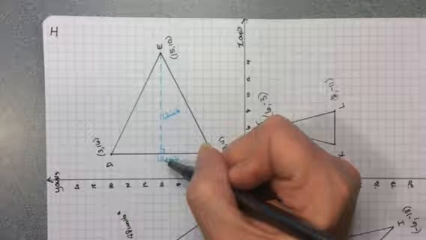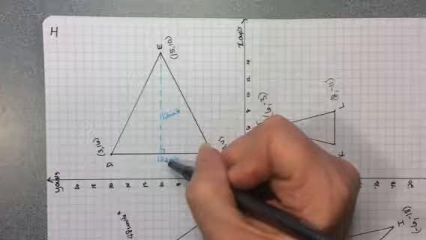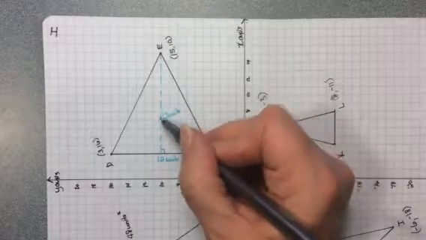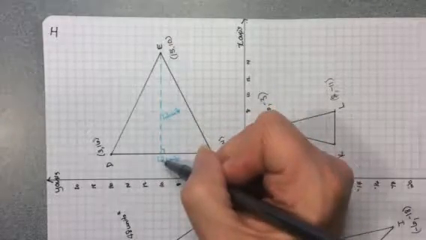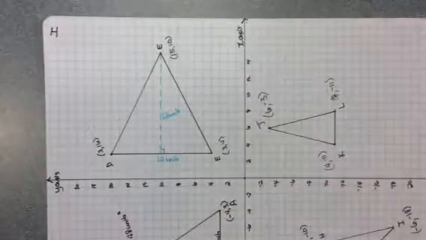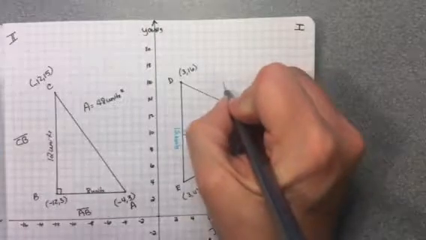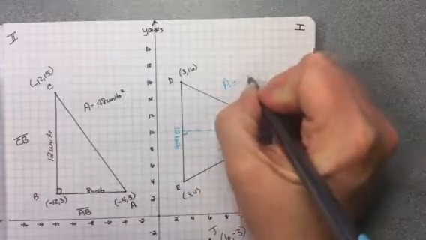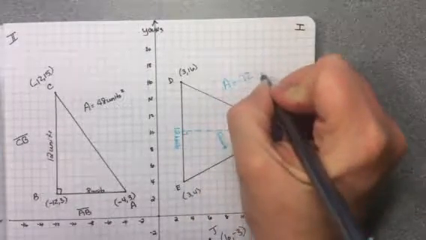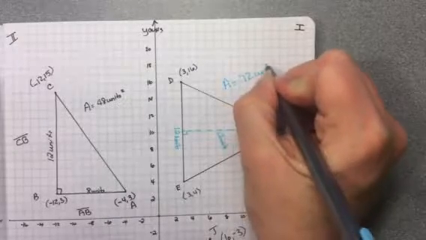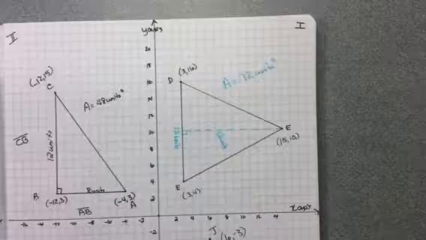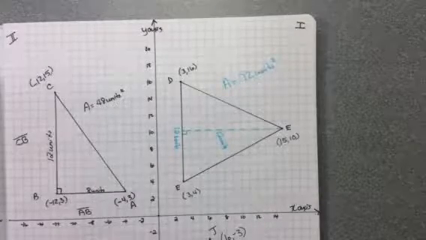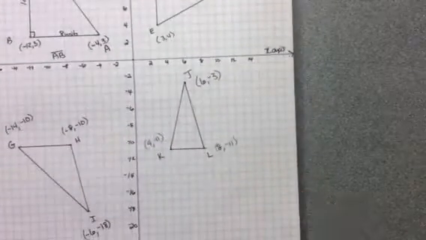Divide that by 2 to get 72. Or I could take half of the 12, which is 6. 6 times 12 is 72. But either way, the area of this triangle is going to be 72 units squared.